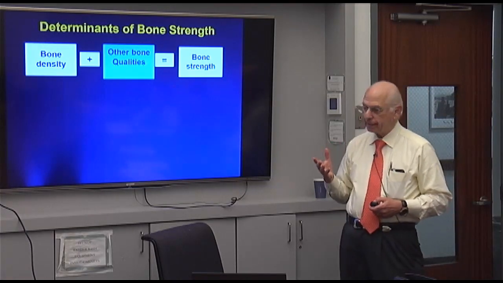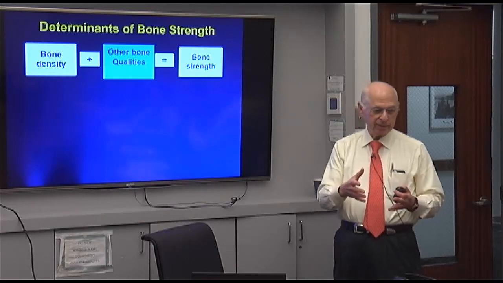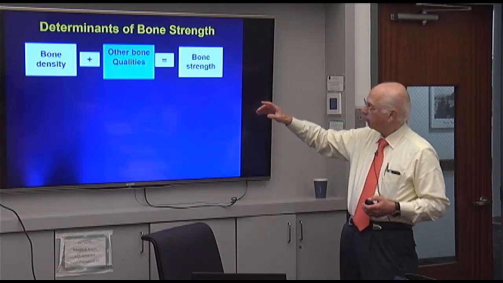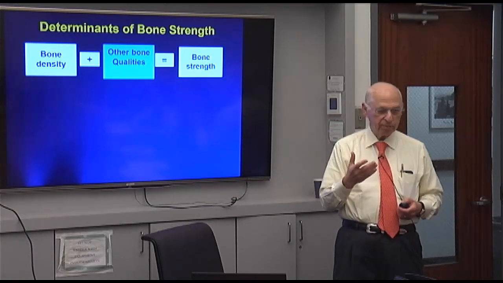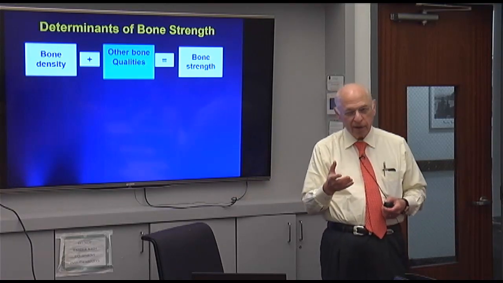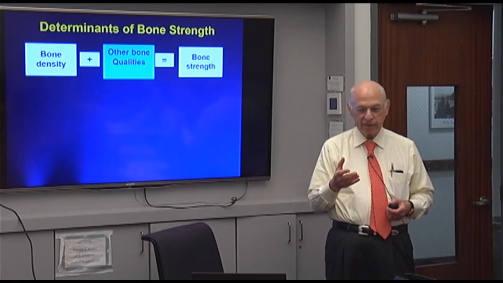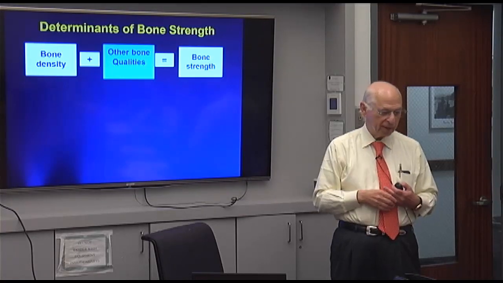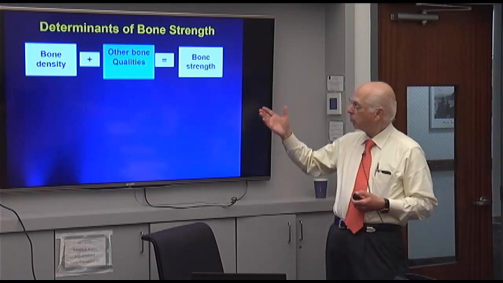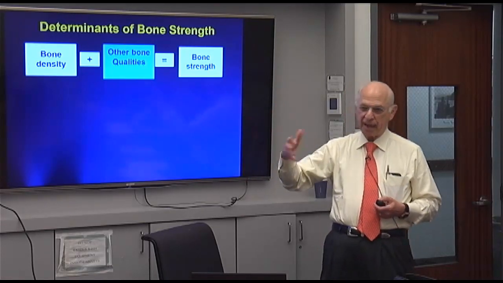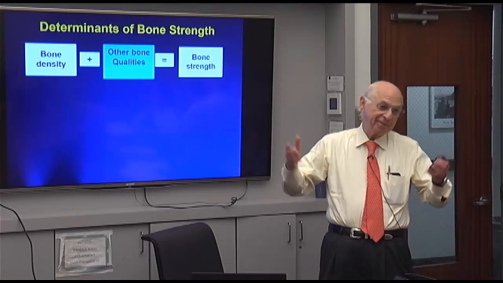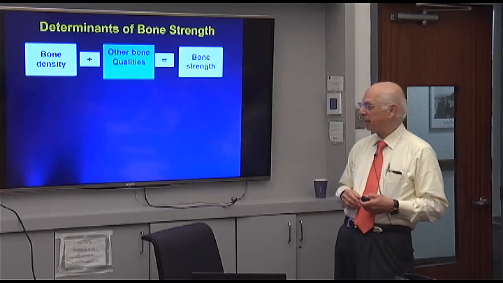But bone density is one element of bone strength, and the other has to do with what is called bone quality. It's very hard to define what bone quality is. My dear friend Nelson Watts has said, bone qualities are anything that isn't captured by bone density. That's a way of thinking about it.